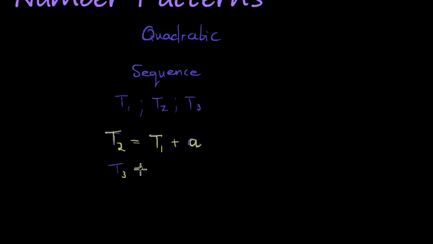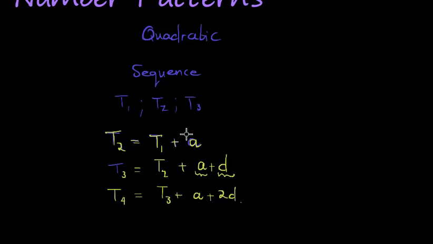Term 3 is term 2 plus that same value plus another value. And now term 4 is term 3 plus the same value plus 2 of these values.